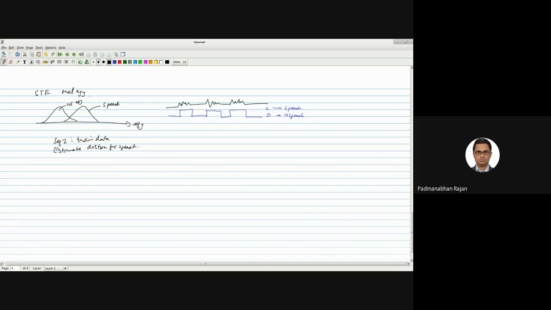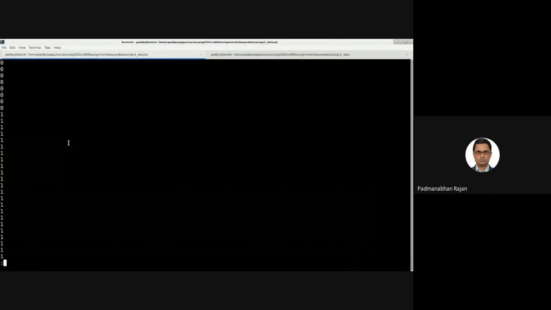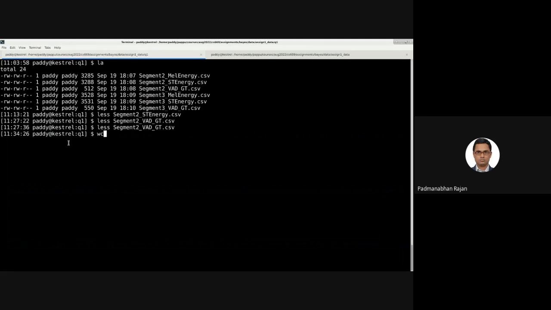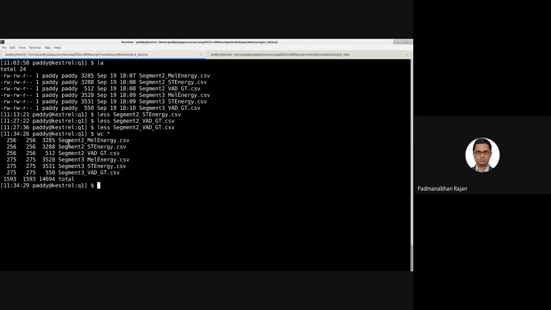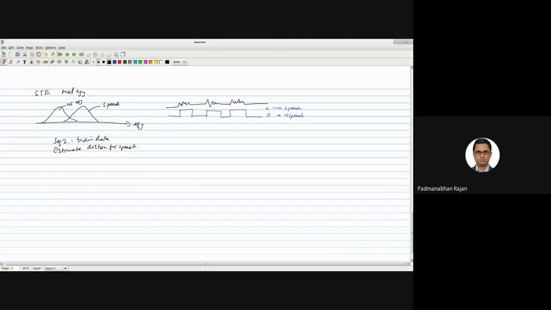You look at the ground truth for segment 2, pick up all the ones, and pick up all the energy values corresponding to these ones. All of them should have the same size. Segment 2 has 256 frames. You pick up the frames corresponding to speech, and with that you can find a simple maximum likelihood estimate of this Gaussian distribution.